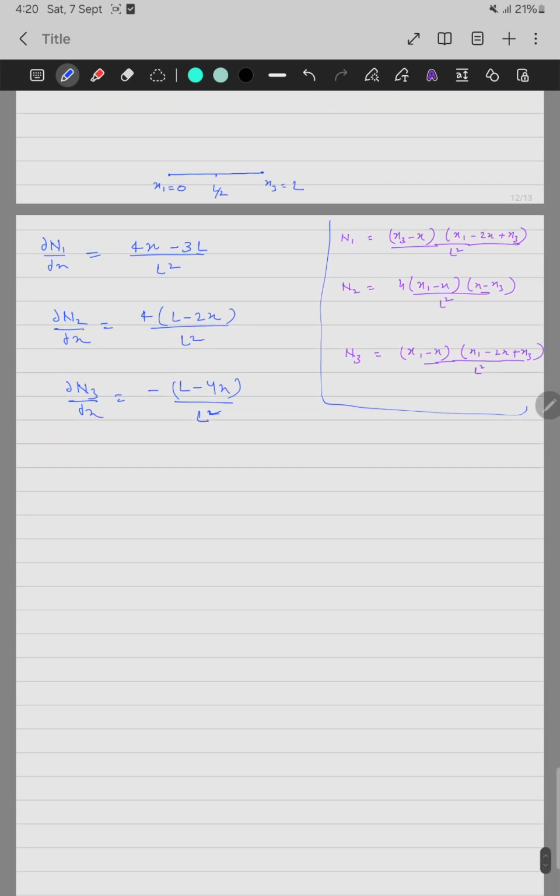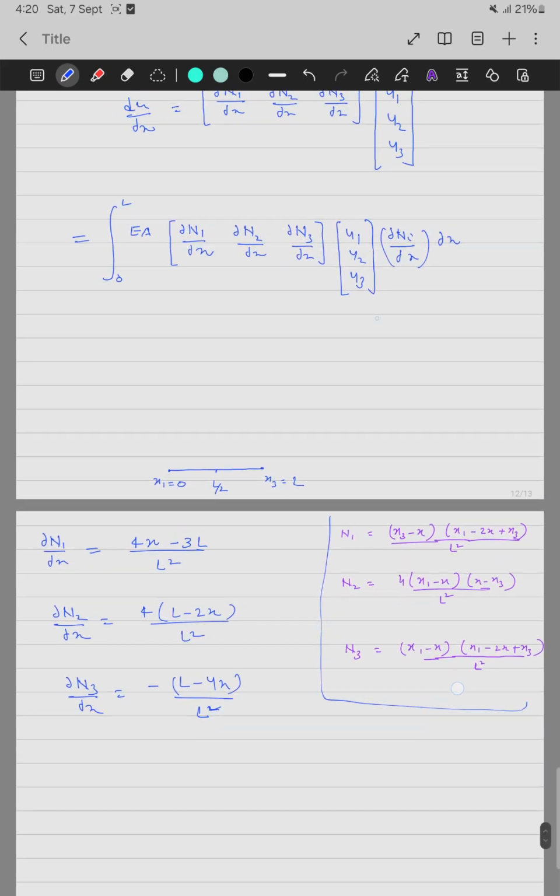Okay, so we have our derivatives of n1, n2 and n3 with respect to x. Now what we will do is put these in this equation. Let's suppose this is our equation.